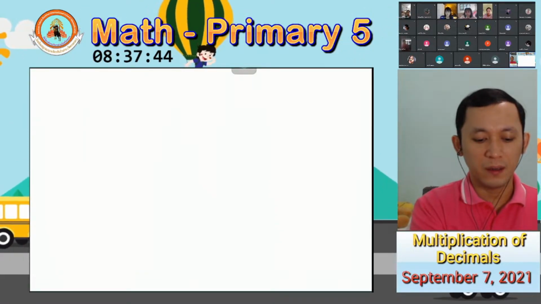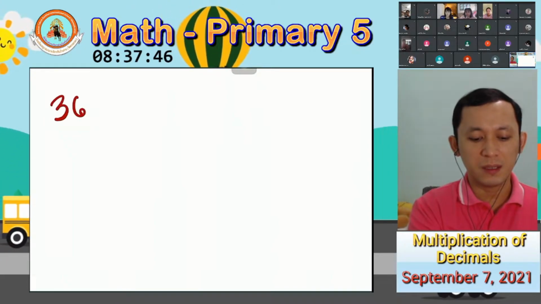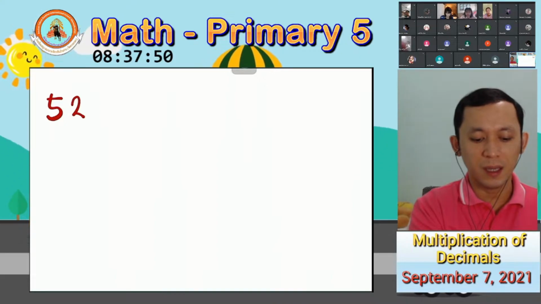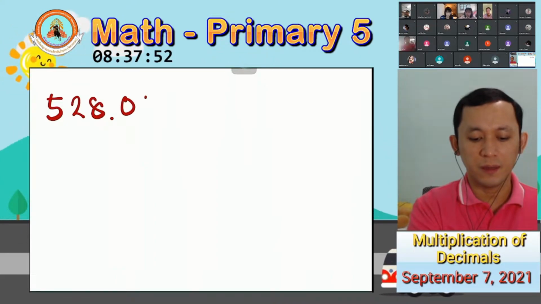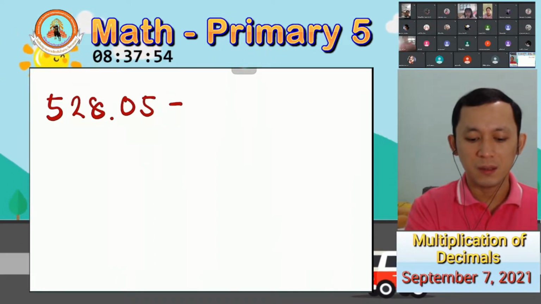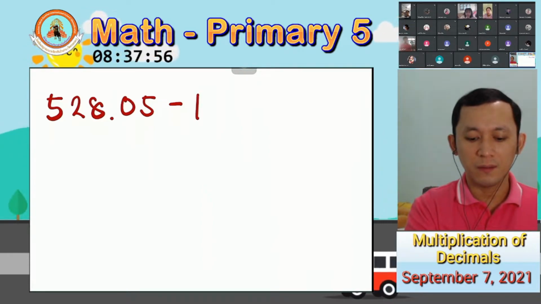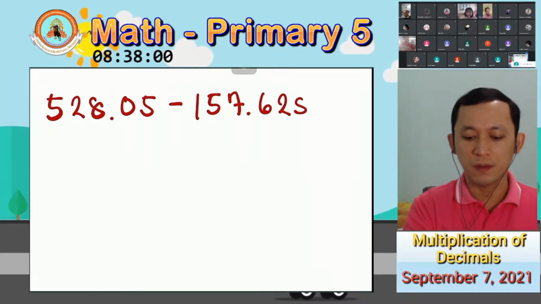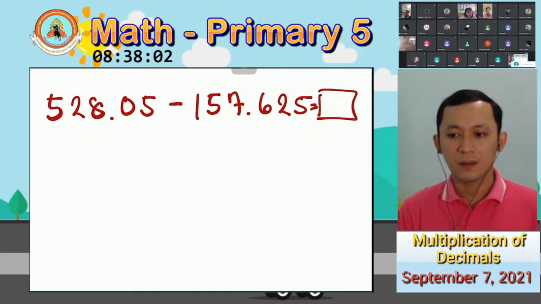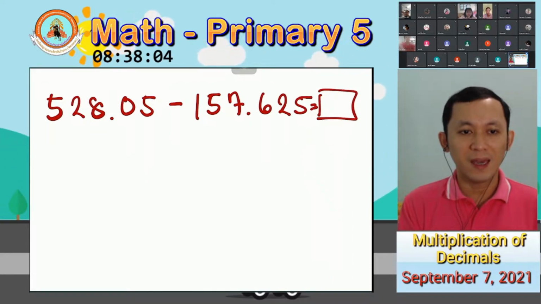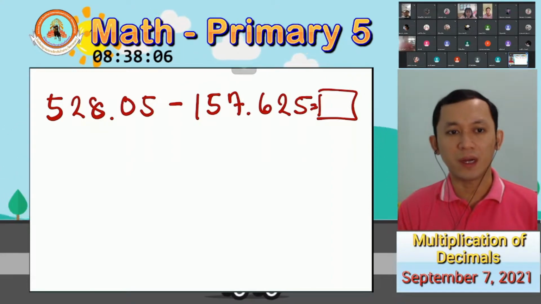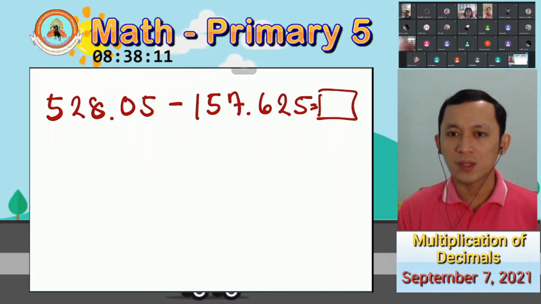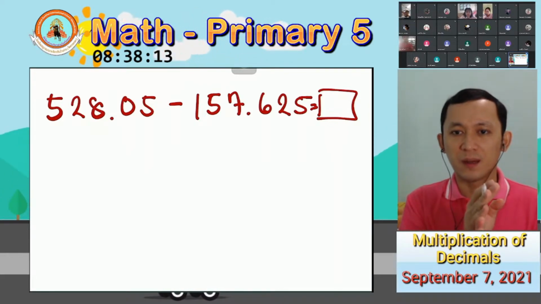Okay, let's have another example. 528.05 minus 157.625 is equal to blank. This is subtraction, so again, the same. We are going to align our decimal numbers.